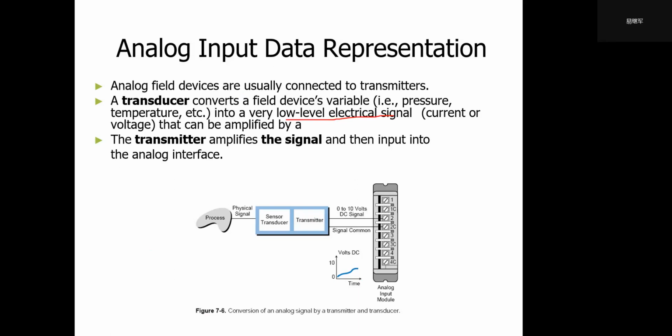The transmitter amplifies the signal and then inputs it into the analog interface. The precise variable is sensed by the sensor or transducer.